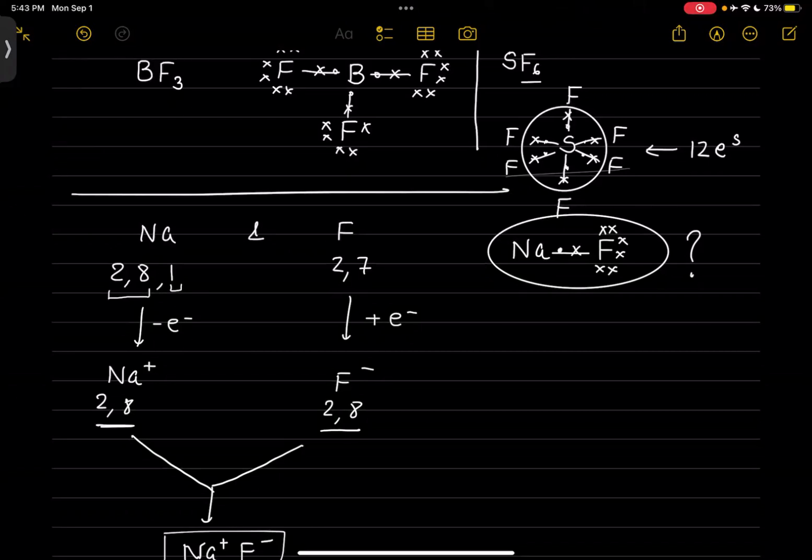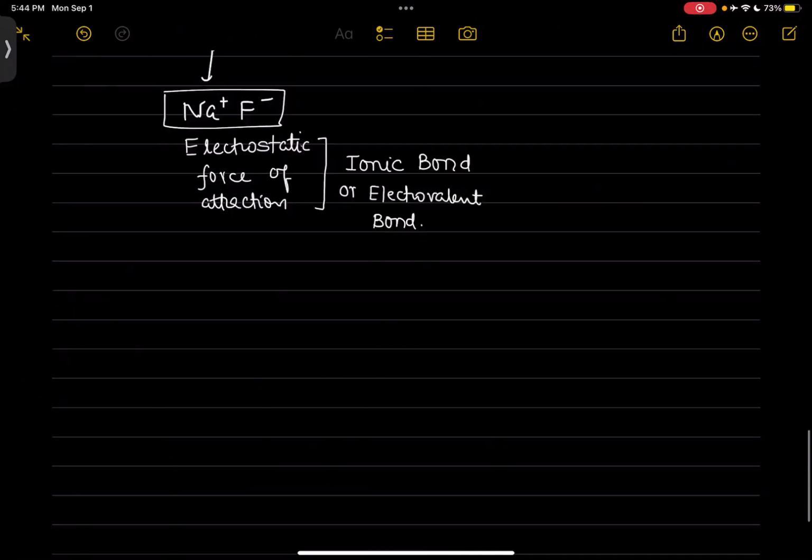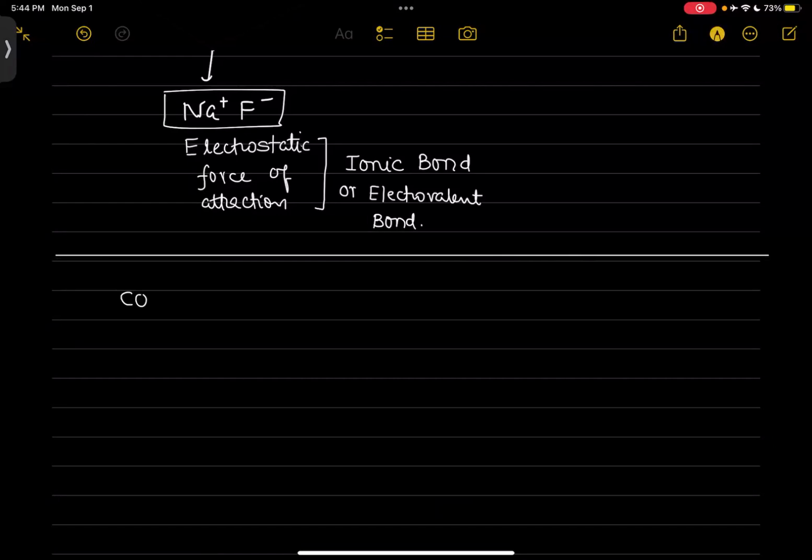It is the attainment of stability. Exactly. Sometimes in covalent bonds you will also see charged species. For example, how are we going to form CO3 2 minus?